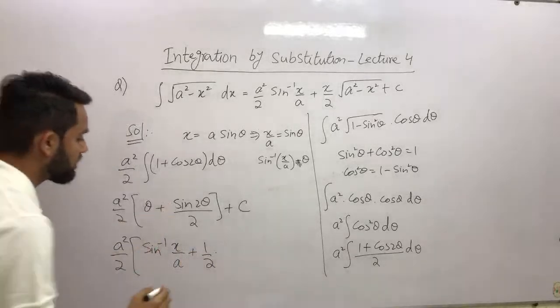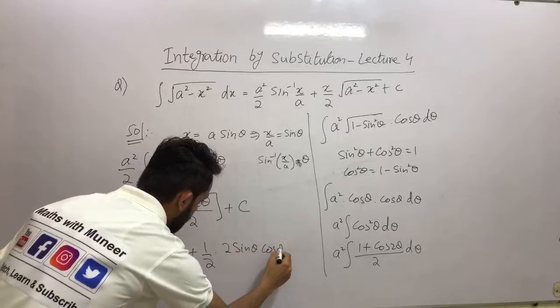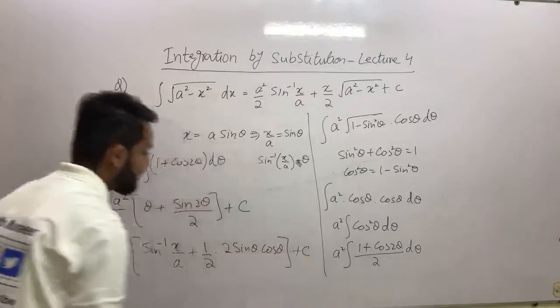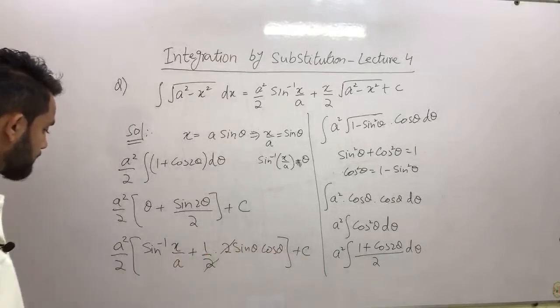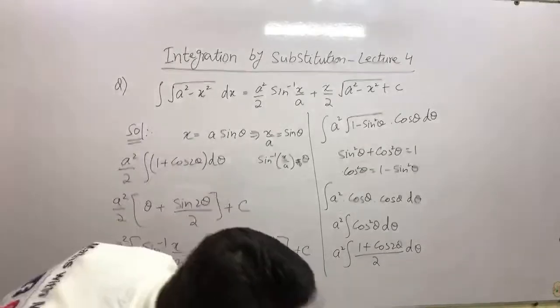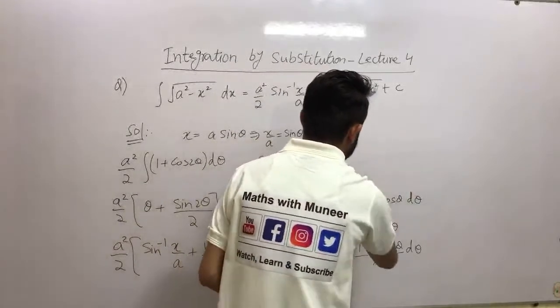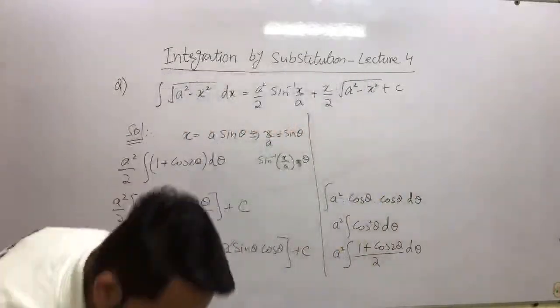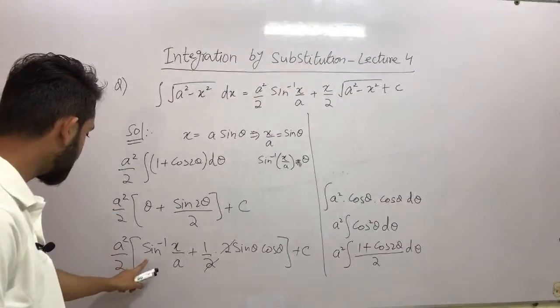Now sine 2 theta is basically equal to 2 sine theta cos theta plus c, right? So we can cancel this 2 with that 2, okay, and we can simplify it a little more.